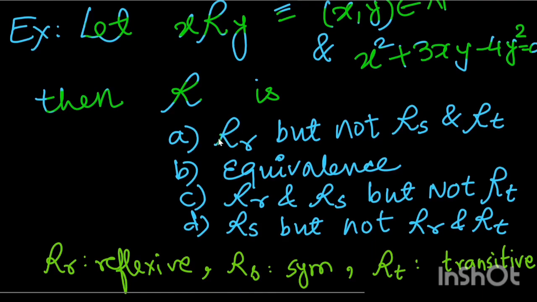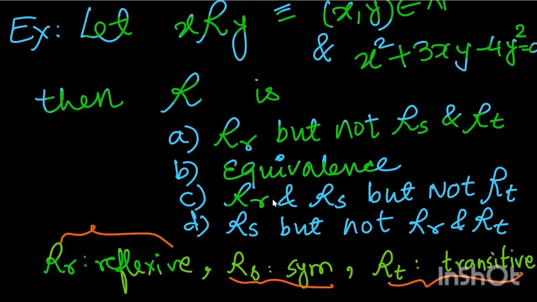The first option is, it is reflexive but not symmetric and transitive. Here I have written below, R means reflexive, S is symmetric, T is transitive in short form. Second is equivalence. Third is reflexive and symmetric but not transitive, and the last is symmetric but not reflexive and transitive. So what should we do to solve this?